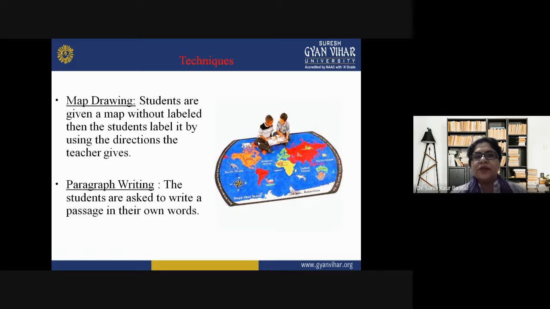And in that passage, the teacher used to assess many qualities of a particular student, or maybe psychological testing is also related to that. But whatever topic you have given, it also enables the students to think in English only, and thinking creatively is also emphasized.